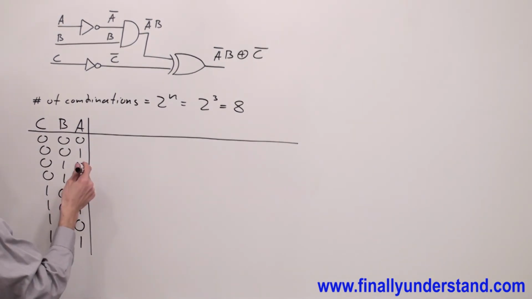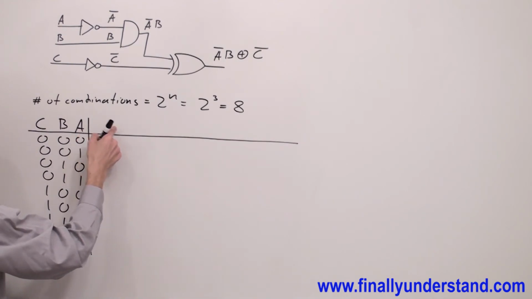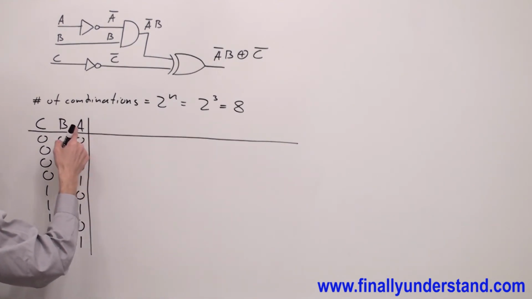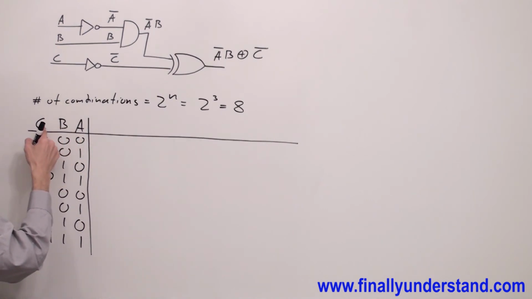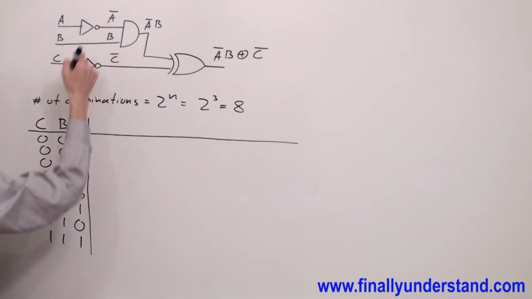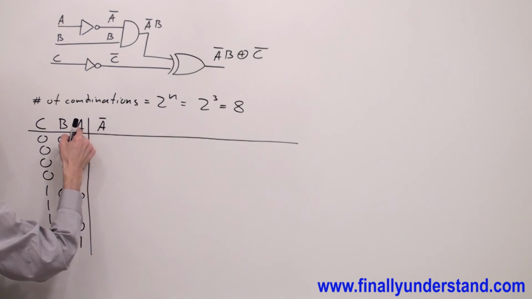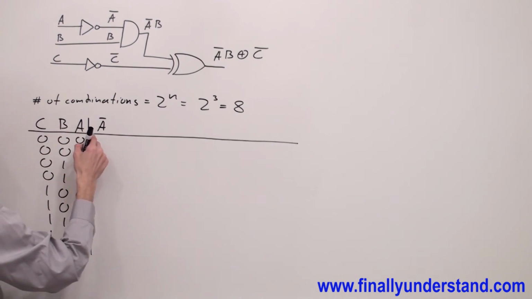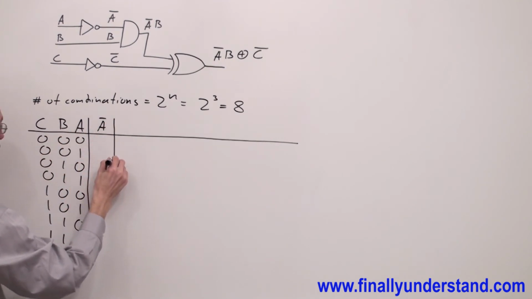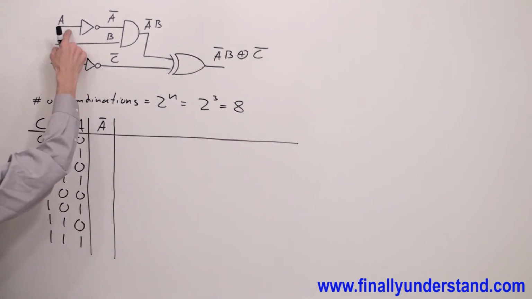Next, I'm supposed to make the columns in this table different than A, B, C. So I have to write A naught, because this is the very first variable which is different from A, B, C. A naught is the complement of A, because A is applied to the inverter.